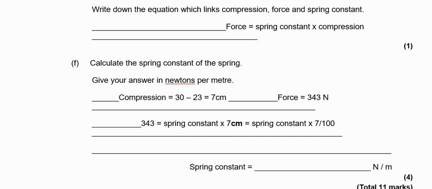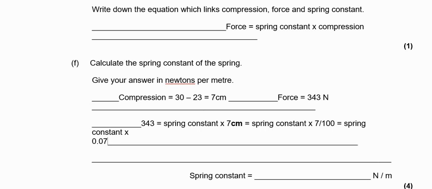Is 7 centimeters the same as 700 meters? Clearly not. So I know that I'm getting this the right way around when I divide by 100. And our answer is 0.07 meters.